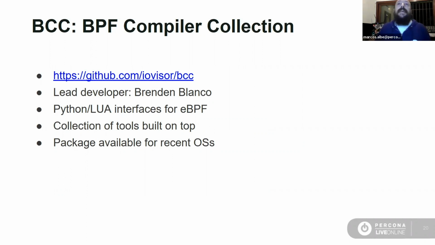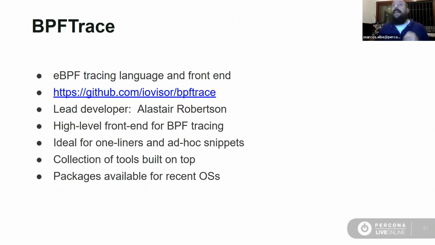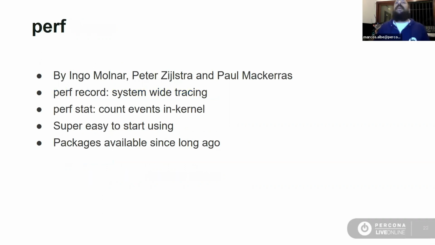It's great. bpftrace. This is the DTrace of the Linux world. We're going to be taking a look at a very quick example today as well. This is amazing. This is what we should all be learning. This is the easy way to use BPF. It really allows us to look into the full stack with a single line of code. Really, really great. And perf, this has been around for a long time.